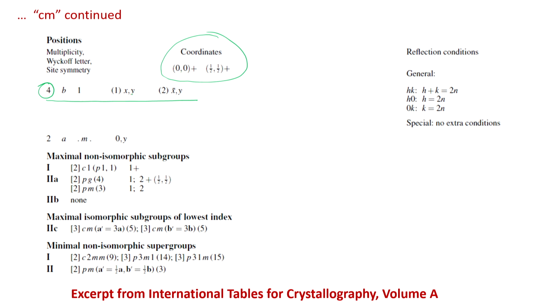Adding 0 comma 0 give me the same coordinates x comma y, x bar comma y. My third coordinate would be now add half. So, it will be x plus half comma y plus half, and the fourth one is add half comma half to x bar and comma y. So, x bar plus half and y plus half.